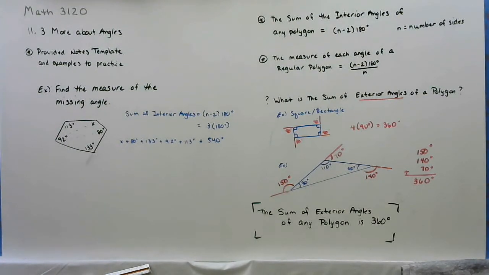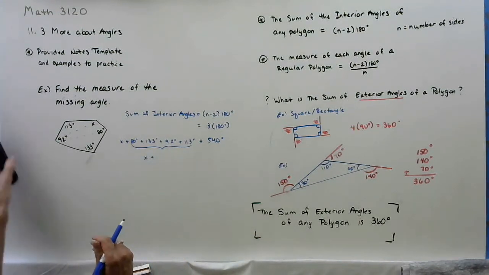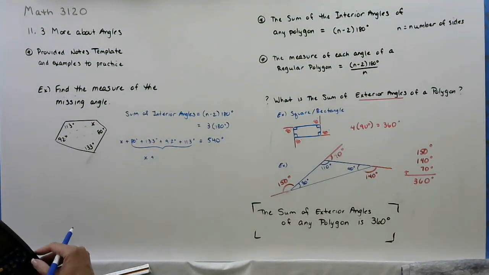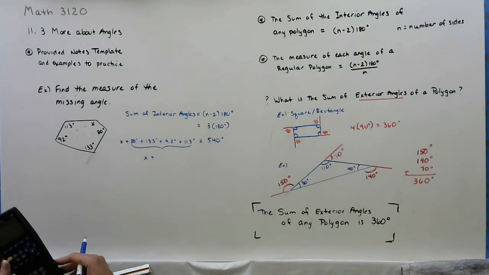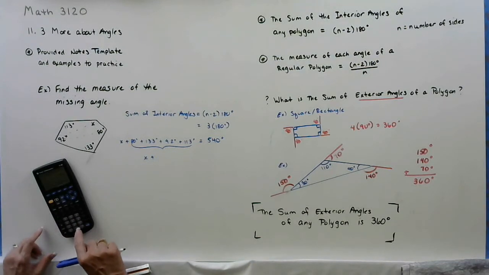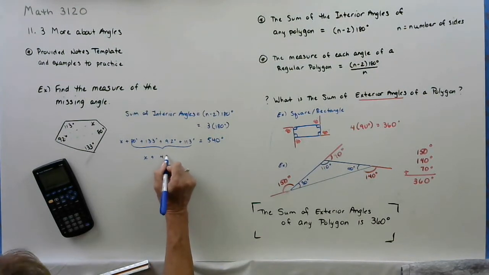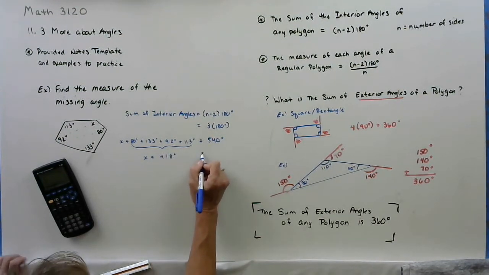And now if we do the arithmetic and I add all these together, X plus, I don't know what that is off the top of my head. I didn't pre-do this problem. Let me clear this all out. If I take 80 plus 133 plus 92 plus 113, I get 418 degrees.